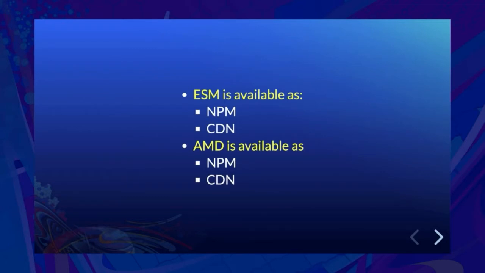So these two different types of modules are both available for local installations through Node Package Manager, or NPM, as well as on a content delivery network, or CDN. Both ESM and AMD are available through both of these types of installations.